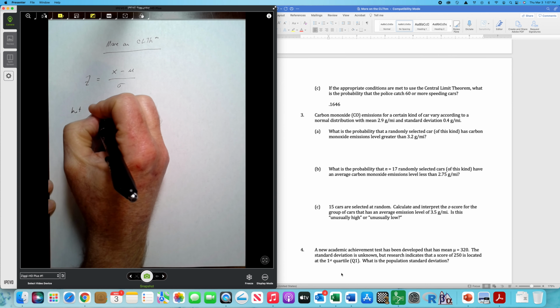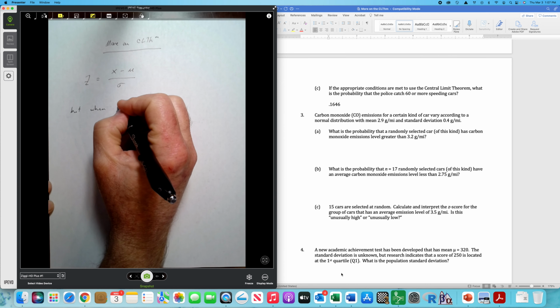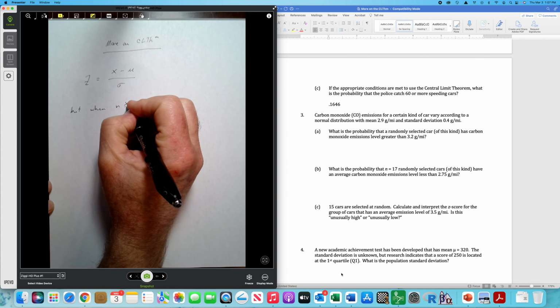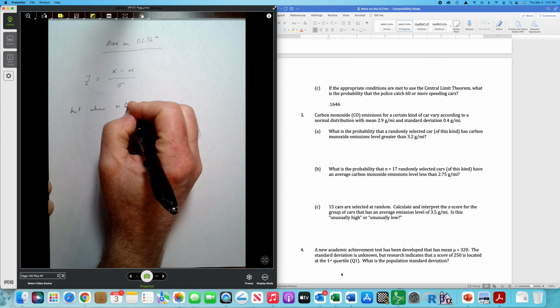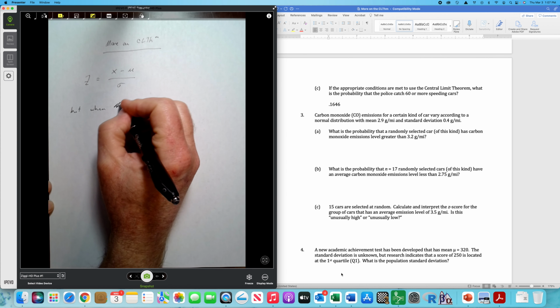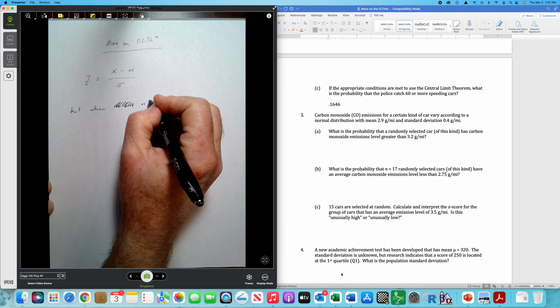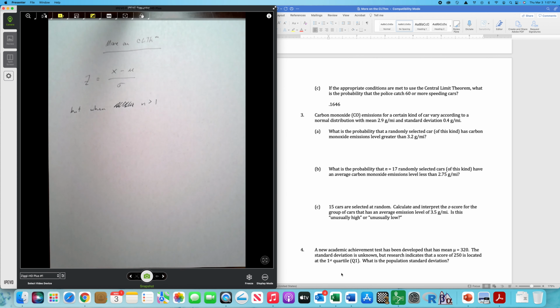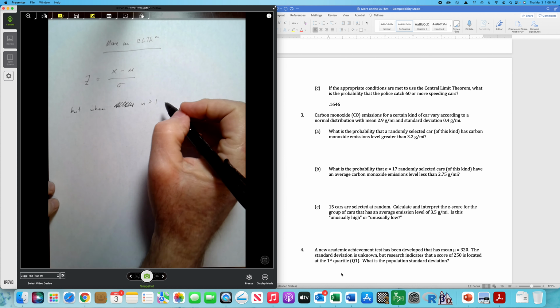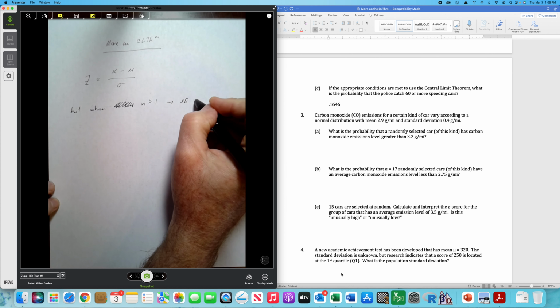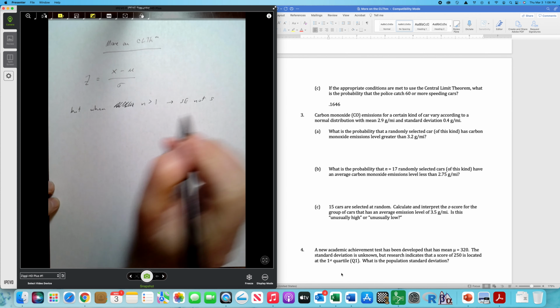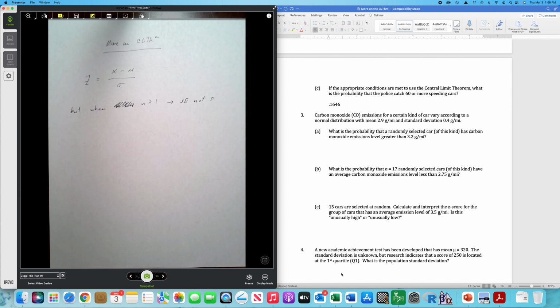But when our sample size is greater than 1, 2, 3, 4, 5, 100, whatever it may be, notice that we get into a standard error and not just a standard deviation.